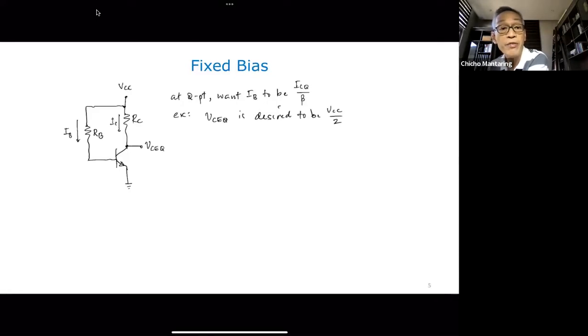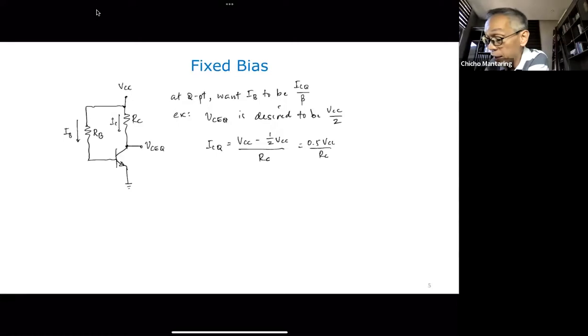VCEQ is desired to be VCC over 2. So ICQ is equal to VCC minus 1/2 VCC all over RC, or 0.5 VCC over RC.